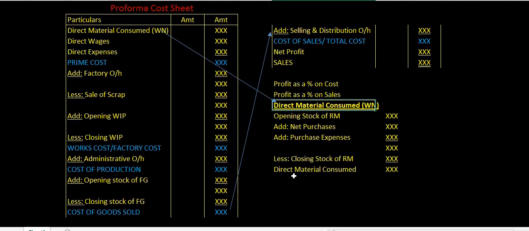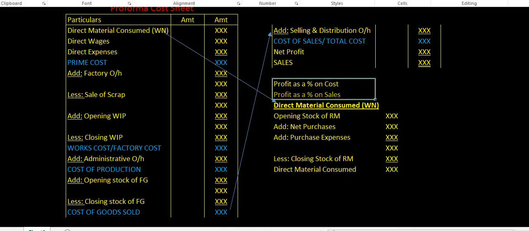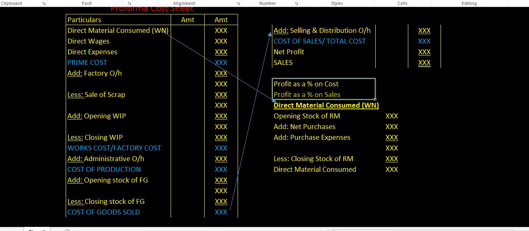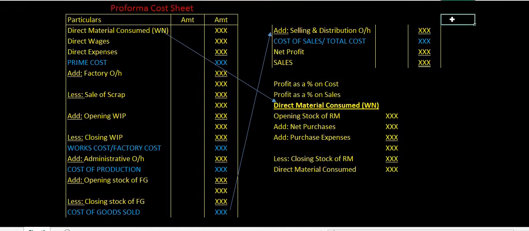This is where I want you to be a little smart, because this is very important to understand: profit can be given to us either as a percentage of cost or as a percentage of sales. What do we do?